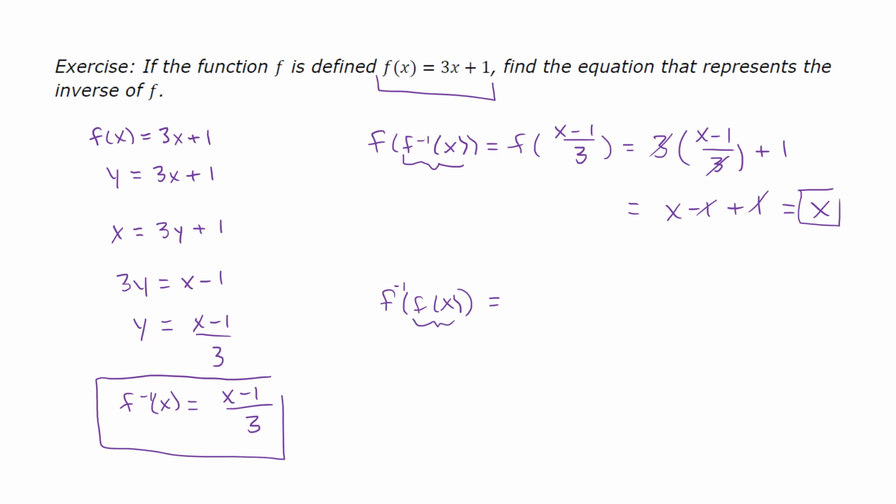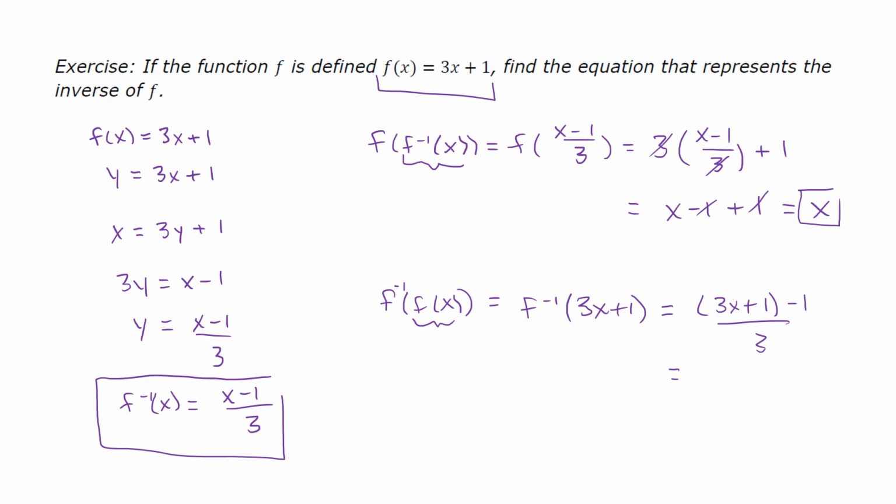Next, I'm going to substitute f of x into my inverse function. So f of x is 3x plus 1. So substituting this expression into my inverse function, I get 3x plus 1 minus 1, divided by 3.